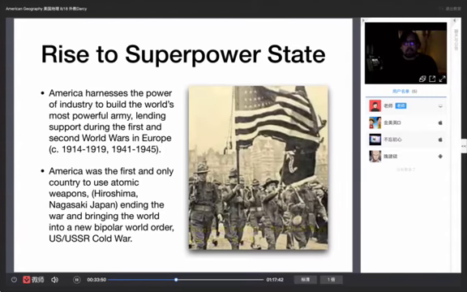America harnesses the power of industry to build the world's most powerful army, lending support during the First and Second World Wars in Europe. First World War 1914 to 1919, Second World War 1941 to 1945. America was the first and only country to use the atomic bomb in Hiroshima and Nagasaki, Japan, ending the war and bringing the world into a new bipolar world order.